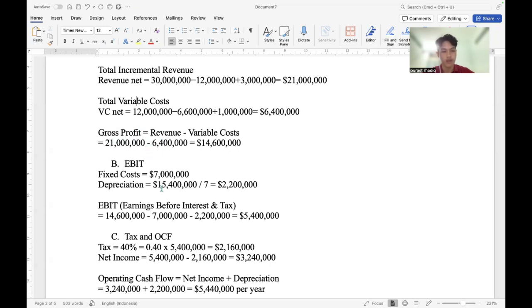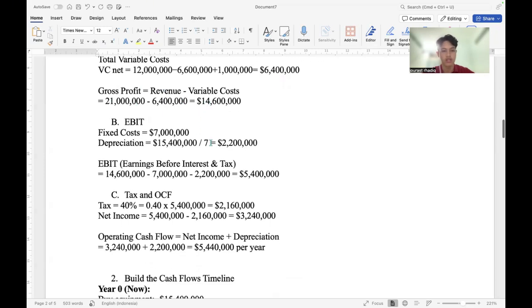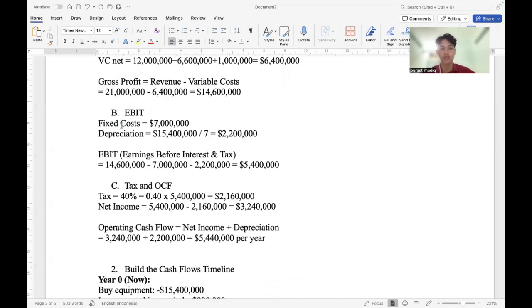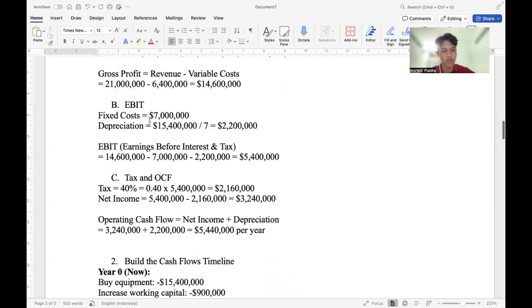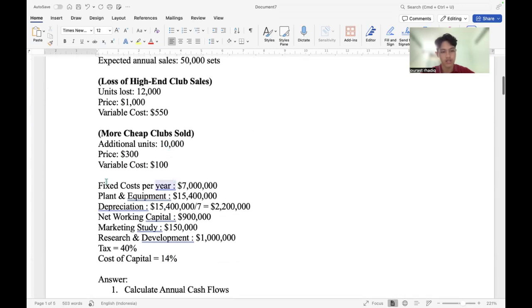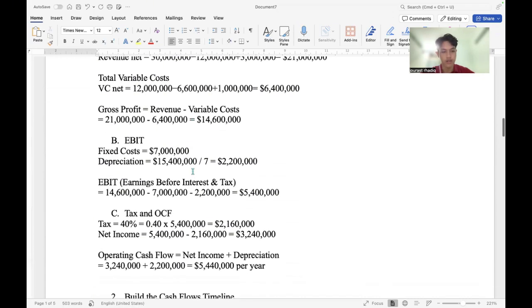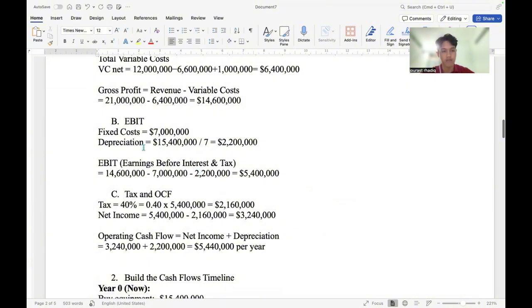21 mil minus 6.4, so the gross profit is 14.6. Next step, we want to calculate the EBIT. For this one, we take the gross profit minus fixed cost, which is stated in the question, and then minus depreciation.